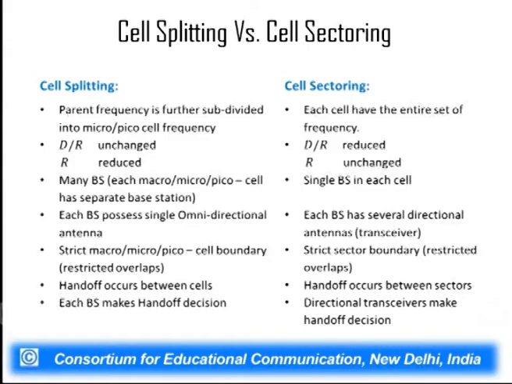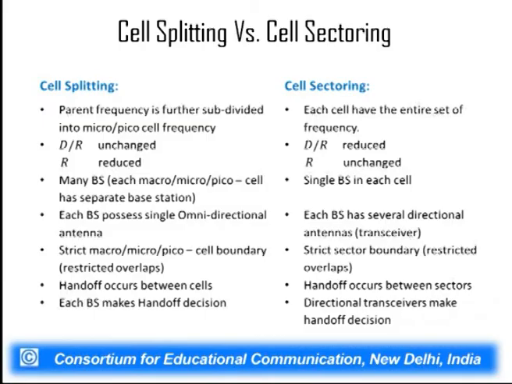Then, there are many base stations in the cell splitting technique, but only a single base station per cell is available with sectoring. And to make it feasible, we use many directional antennas, while in cell splitting, the base station will comprise a single omnidirectional antenna, that is, an antenna that radiates signals of equal strength in all directions uniformly.